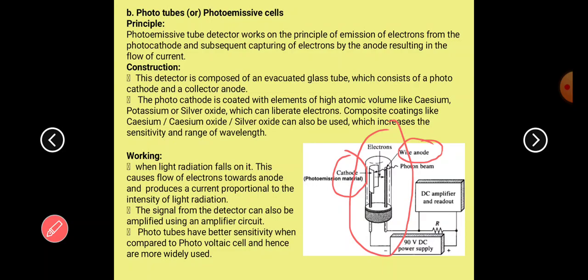And here, coming to the working: when light radiation falls on the cathode, it causes flow of electrons towards the anode and produces a current proportional to the intensity of light radiation falling on the detector. The signal from the detector can be amplified using a circuit. Phototubes have better sensitivity when compared to photovoltaic cells and hence are more widely used.